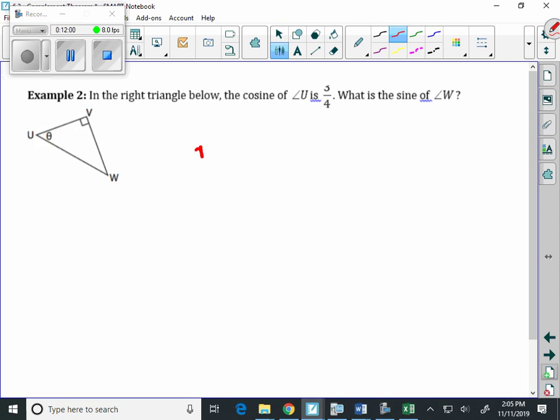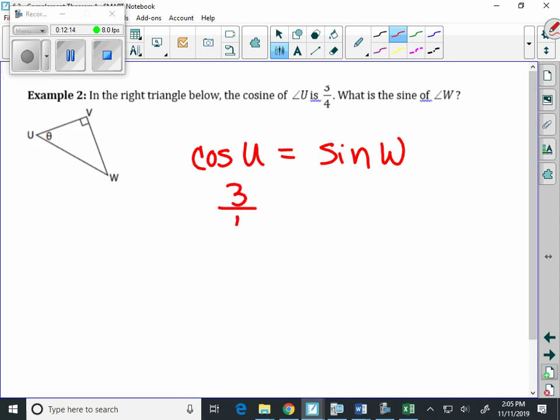Well, cosine of U should equal the sine of W. So the cosine of U is 3/4, which means that the sine of W should also be 3/4. There's what we want to answer.